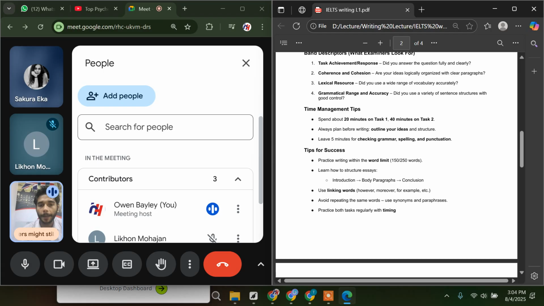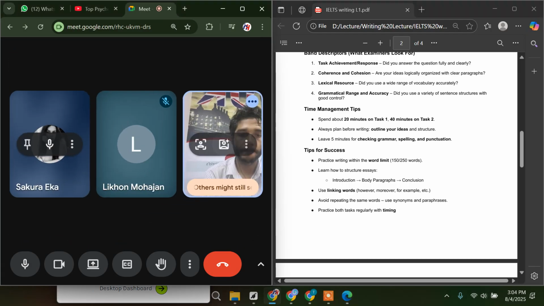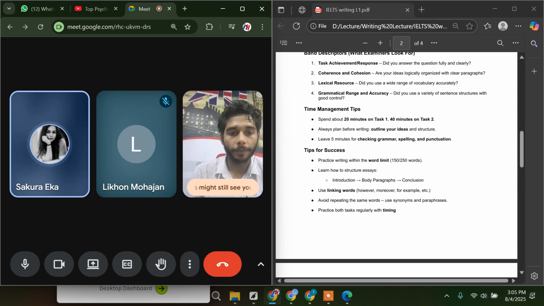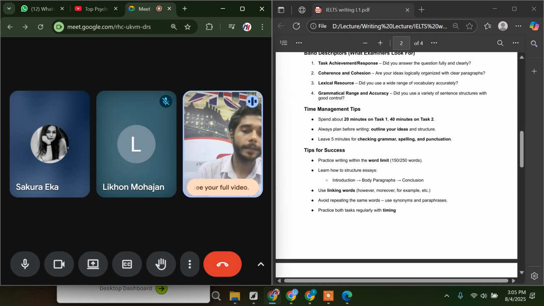And time management tips. So spend about 20 minutes on task 1 and 40 minutes on task 2. And always plan before writing, so outline your ideas and structure.